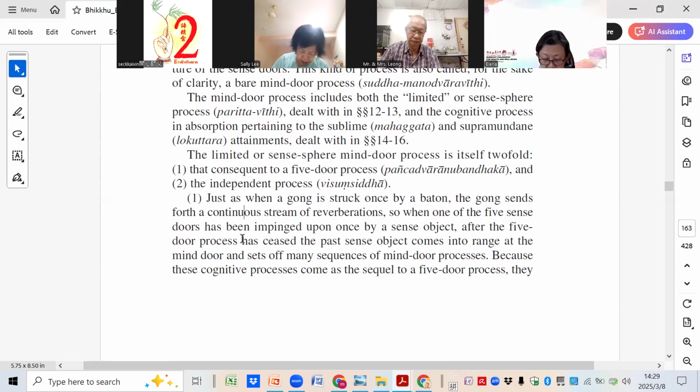The limited or sense sphere mind door process is itself twofold: one, that which is the consequence of the five door process, pancadvaravithi, and the independent process, vithimuttha.